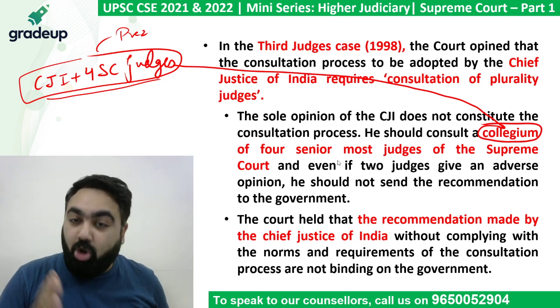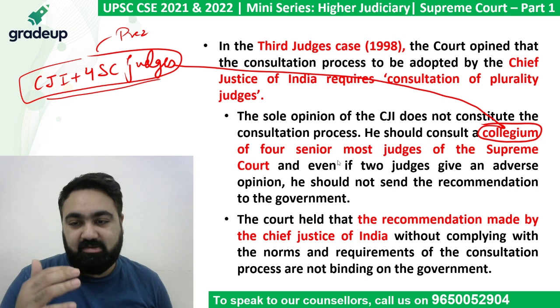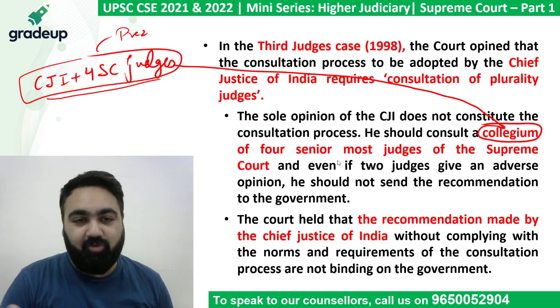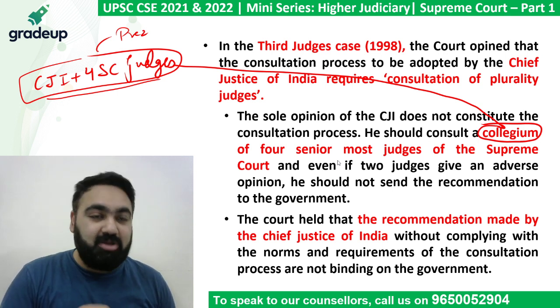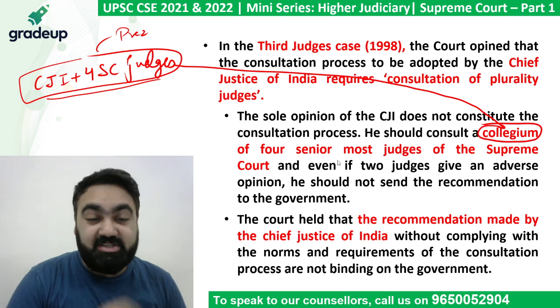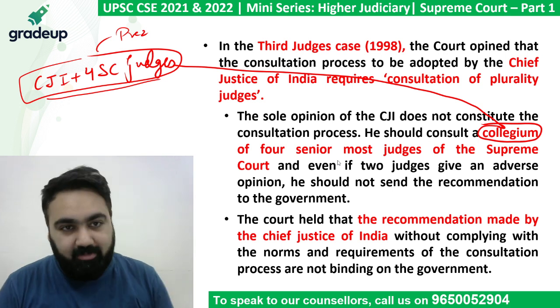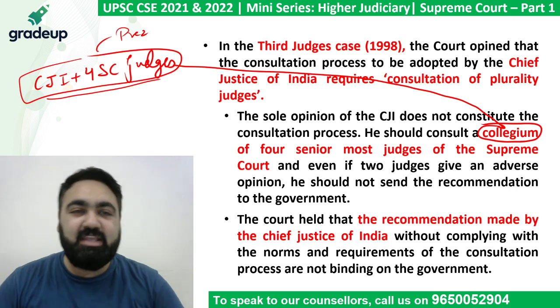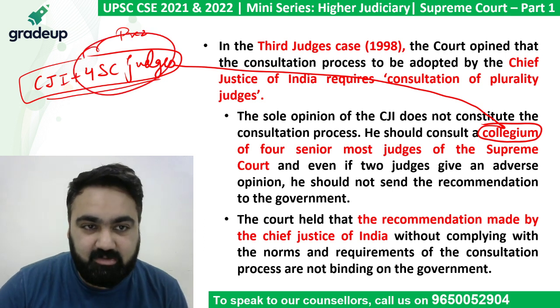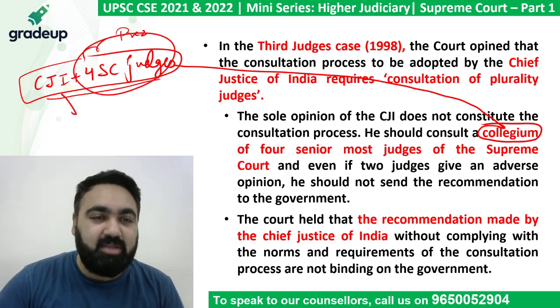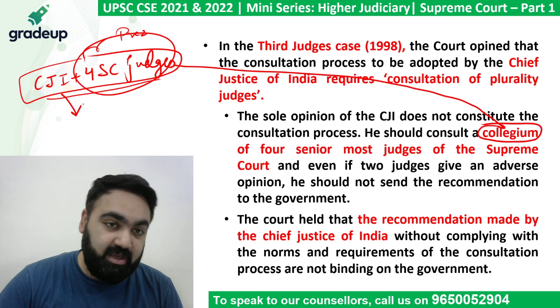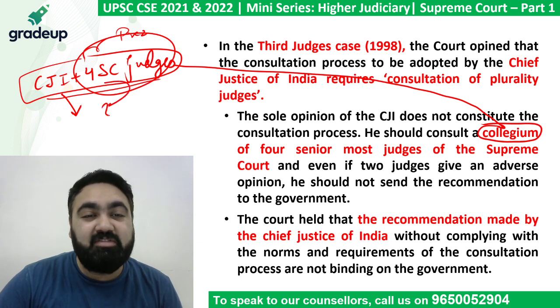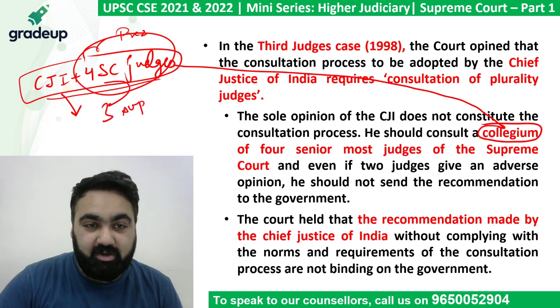The Supreme Court also gave the process for how the name would be given. The process is that when the meeting is held, the Chief Justice of India will bring a name, and then these four people will discuss it. Whatever name is suggested by the Chief Justice of India, at least three of these judges have to support it.